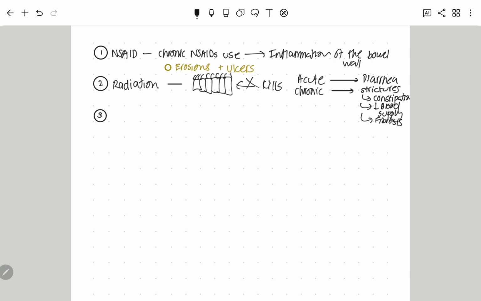So that's worthwhile noting. And the last one is necrotizing enterocolitis.